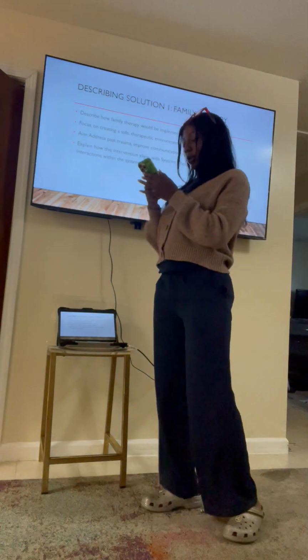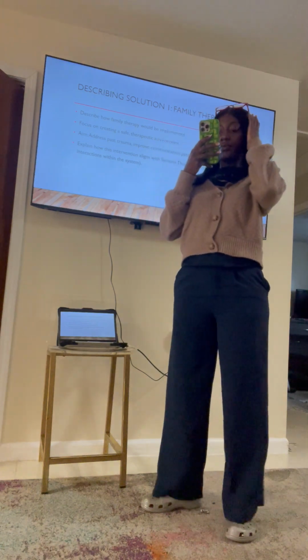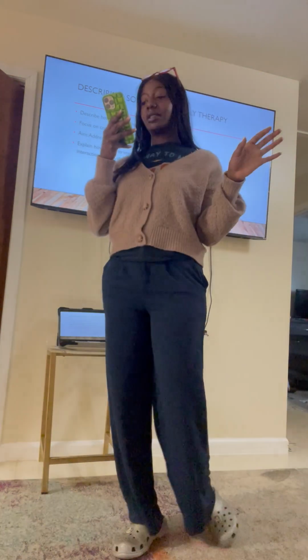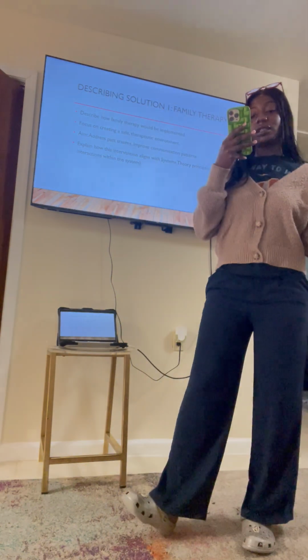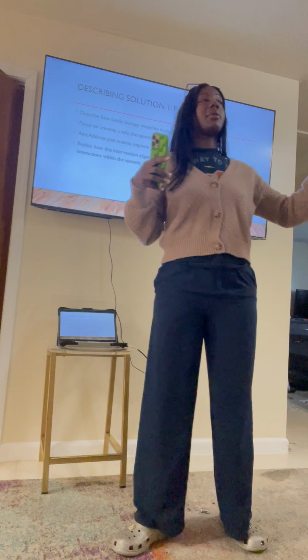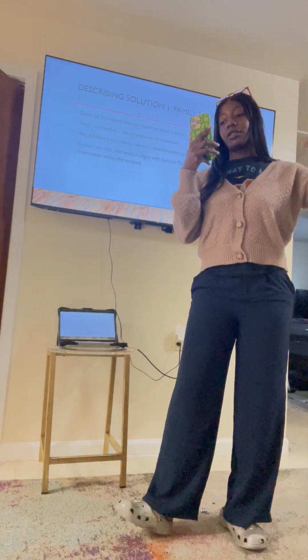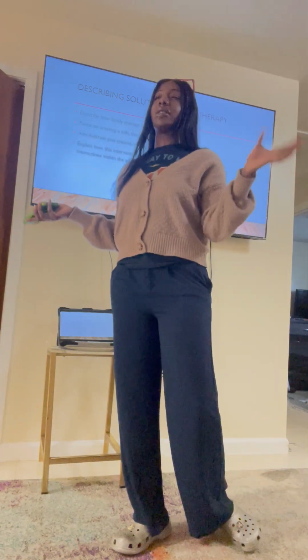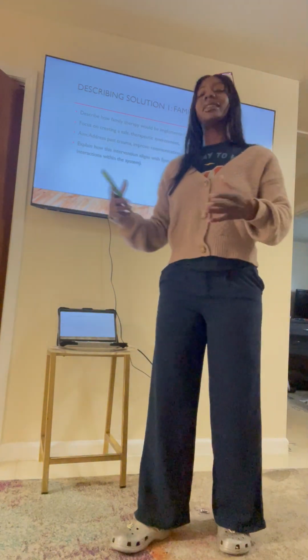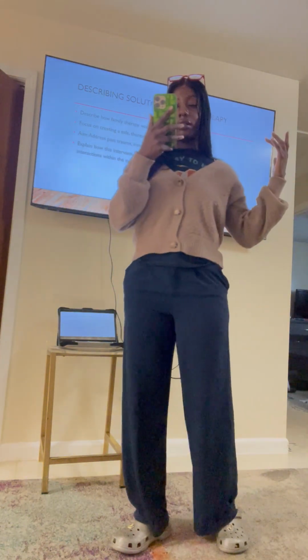Describing solution number one, which is family therapy. If it is determined to be safe and beneficial, this intervention will involve bringing Ella, her mother, and potentially other family members together in a controlled therapeutic environment. So maybe everybody could hash out their problems with the therapist present.